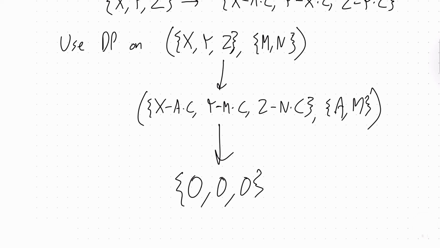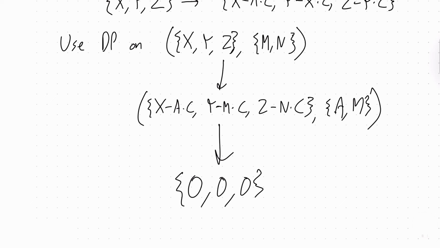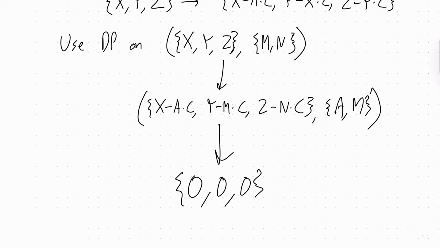But the most effective way, I believe, is when you run this DP, you don't just return how many choices of coefficients lead from X, Y, Z down to 0, 0, 0. You also return a list of all the possible next elements of the sequence.